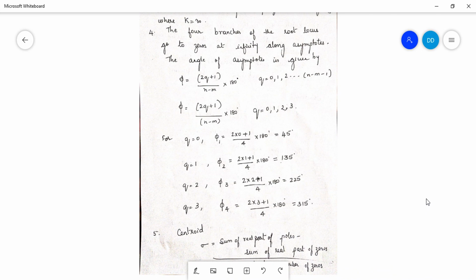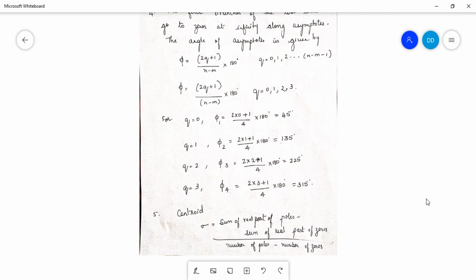So these angles have to be marked at some particular point. That point we call the centroid. The centroid is the sum of the real parts of the poles minus the sum of the real parts of the zeros, divided by the number of poles minus the number of zeros.